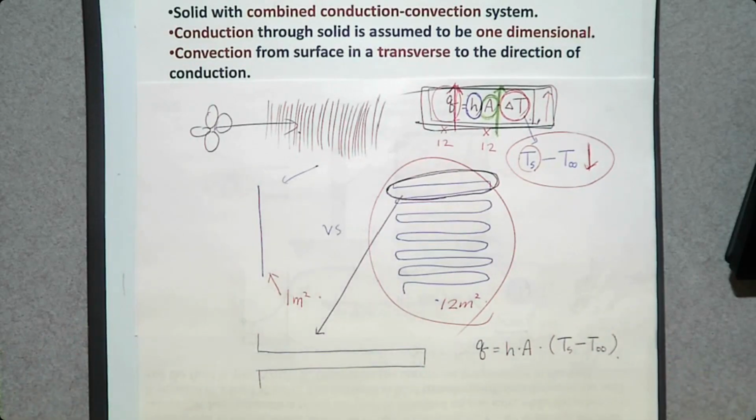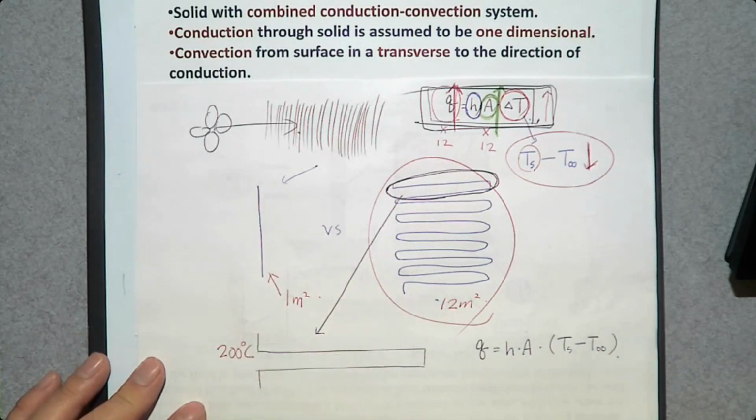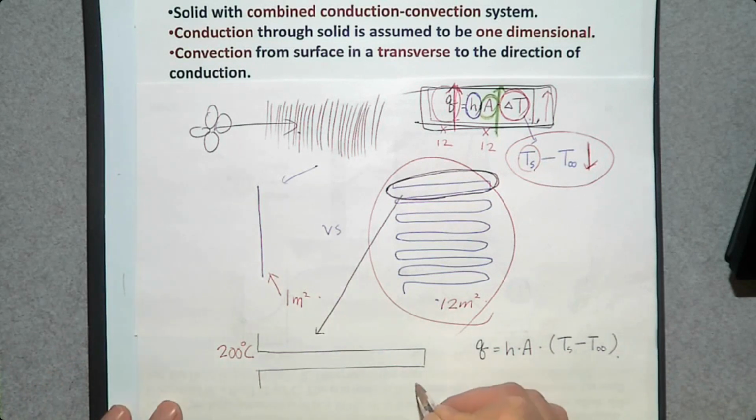So what is the temperature of your engine? Let's say about 200 degrees Celsius. What is the temperature of the coolant when you're driving? Let's say about 60, 70. Okay, I'm going to say 70 degrees Celsius.